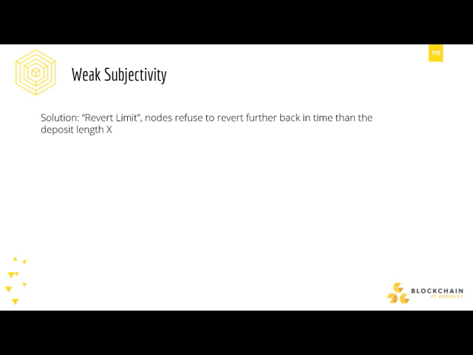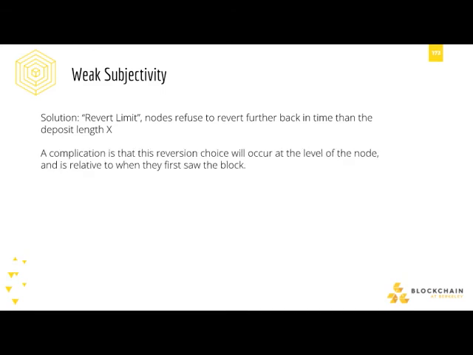One way of getting around this is by having a revert limit, which says that nodes individually will prevent certain reversions that are beyond, imagine, a limit X. Again, this is something that's going to be tuned. A complication of preventing this reversion is that each node is making a relative choice based on when they first saw the block.